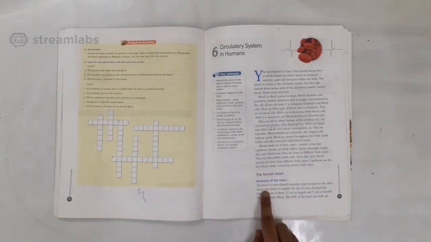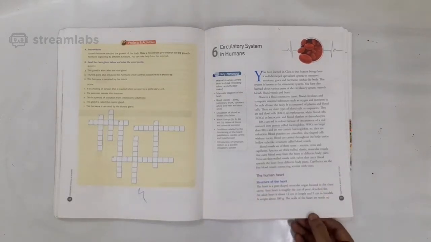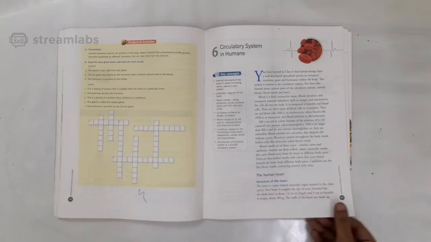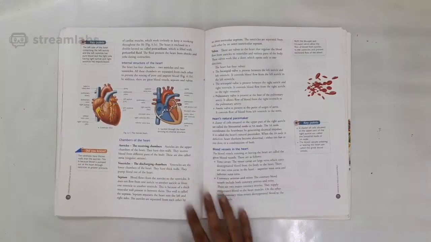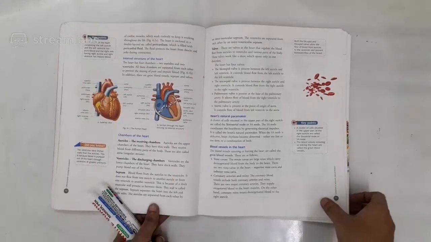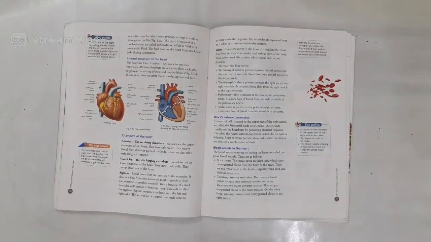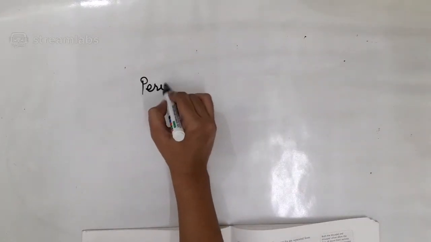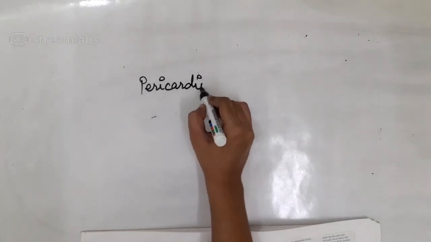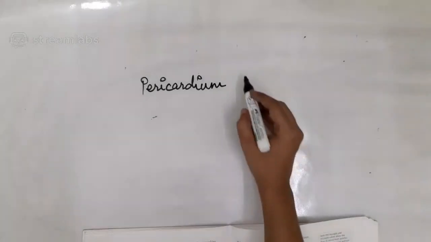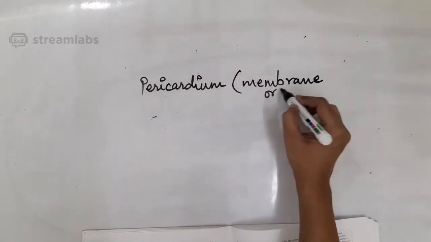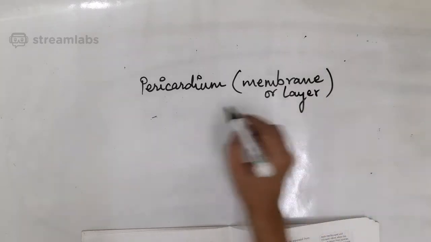We discussed about the human heart, which weighs about 300 grams, and an average adult heart is about 12 centimeters in length and 9 centimeters in breadth. The layer or membrane which covers the heart is known as the pericardium, the membrane that encloses the heart.